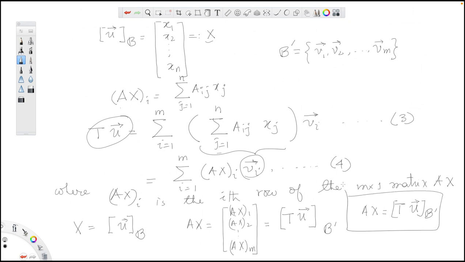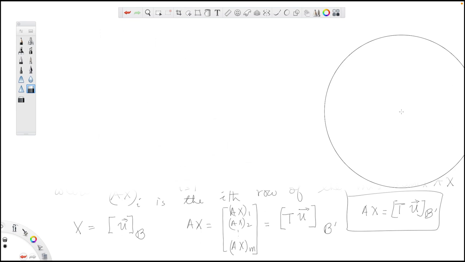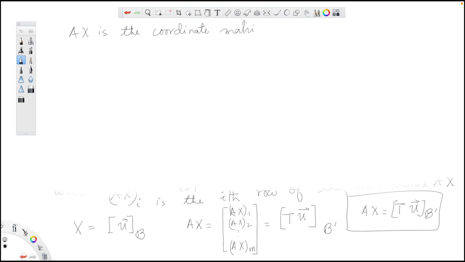Good. So let me write it in words. Ax is the coordinate matrix of Tu in the ordered basis B prime.